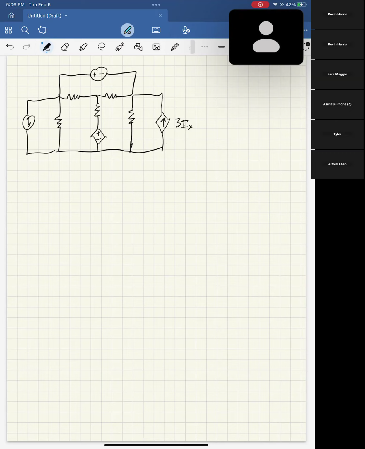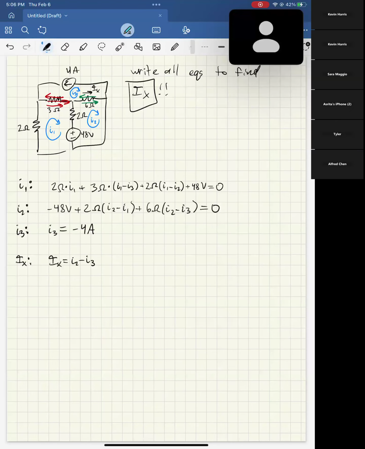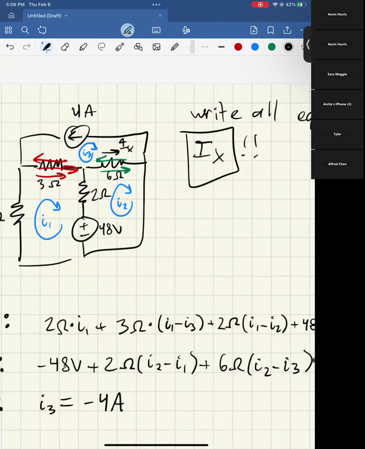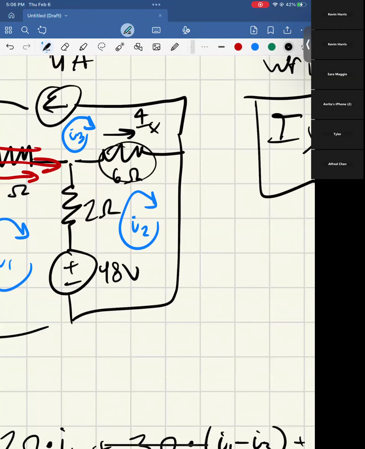Can I explain the last part again? Okay, I'll go back. So here, the question was saying find Ix, and Ix, given by the question, is defined as this current going to the right on top of this. So the question has asked, okay, what is the actual current going to the right here?